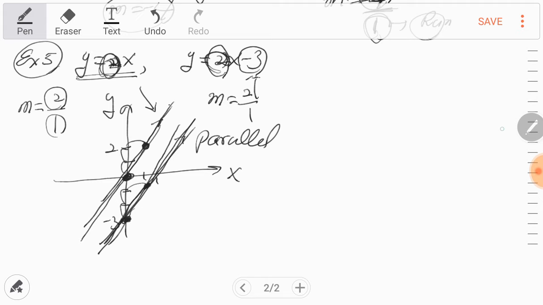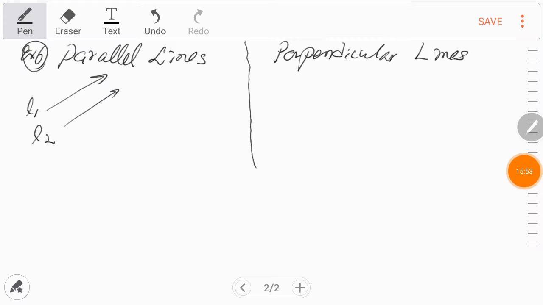Let's try another example. In this example, we will find out whether 2 lines are parallel or perpendicular. This is how we can find out. Let's say this is line 1 and line 2.